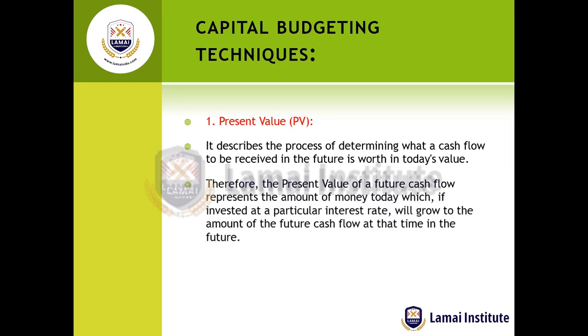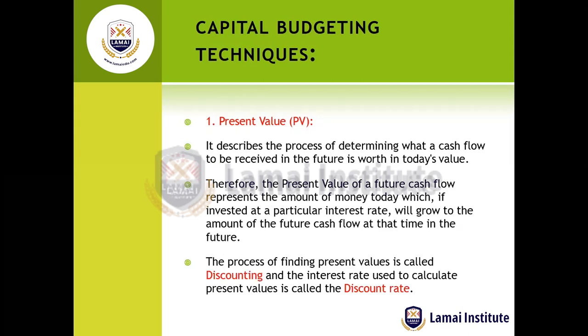Therefore, the present value of a future cash flow represents the amount of money today which, if invested at a particular interest rate, will actually grow to the amount of the future cash flow at that time in the future. Now, the other thing is the process of finding present values is actually called discounting, and the interest rate that is used to calculate the present values is known as the discount rate.